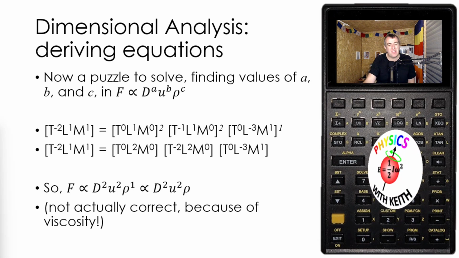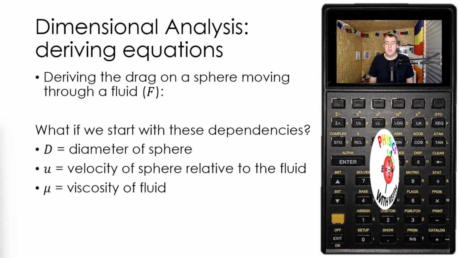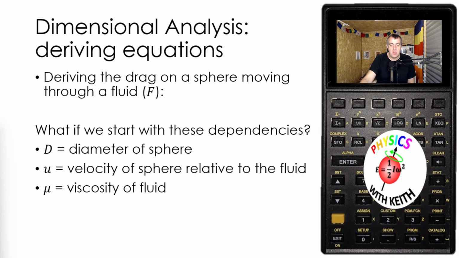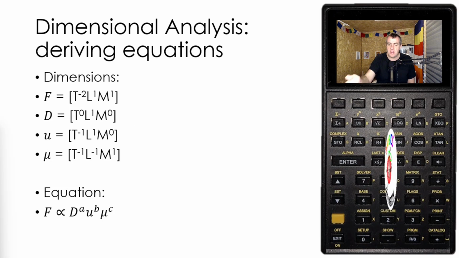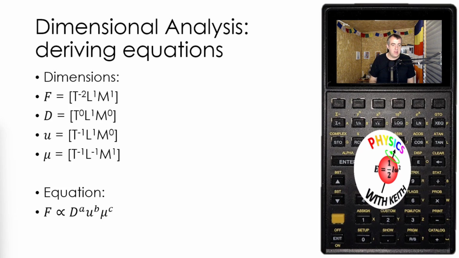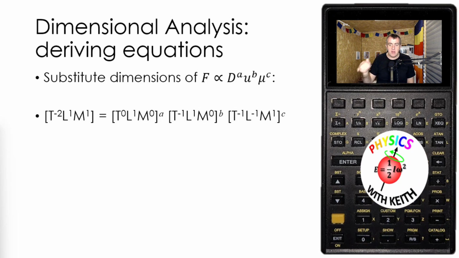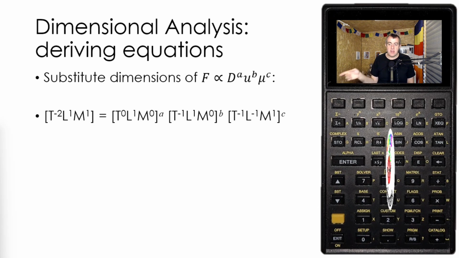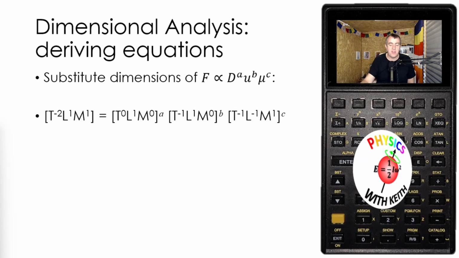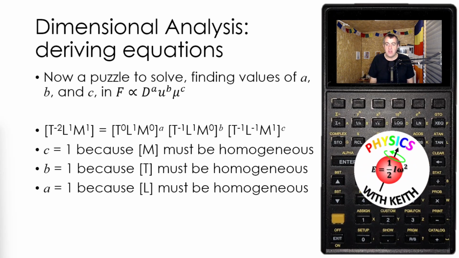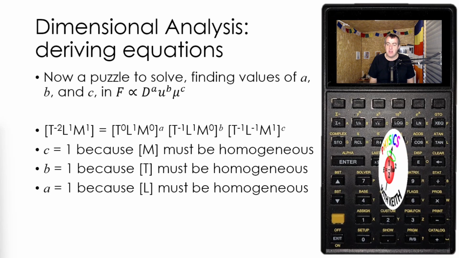But what about viscosity? Well, we could do the same thing again, but this time let's consider viscosity instead of density of the fluid. The dimension of viscosity is given here. There's our equation. We can use it in the same way as we did before. A, B, and C, these are the dimensions for those quantities. And we can use that with some basic equations to figure out what A, B, and C are.